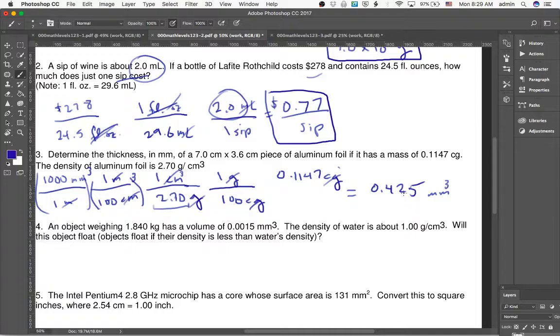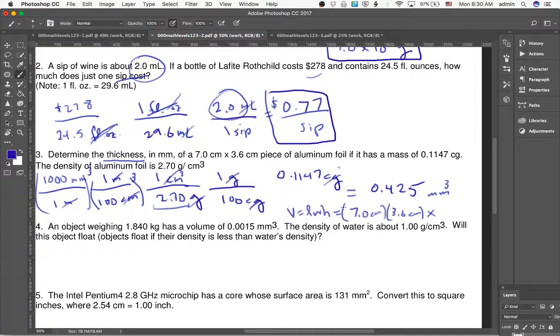That is the volume of the piece of aluminum foil, but they're not asking for the volume, they're asking for the thickness. So you know that the volume equals length times width times height from your lab, and that equals 7.0 centimeters times 3.6 centimeters, and this is going to be times x, okay?